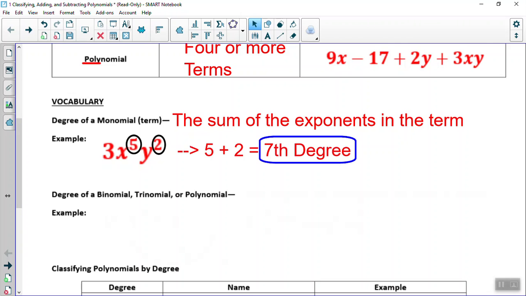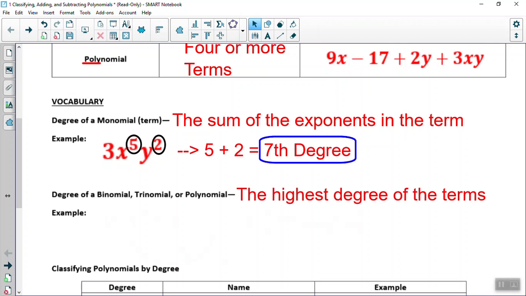All right, the degree of a binomial, trinomial, or polynomial is the highest degree of the terms. So in this example, I've got two terms. So when we want to see what is the highest degree of those terms, we're going to break it down. So this first term, well, we already looked at that. That was a degree of 7.